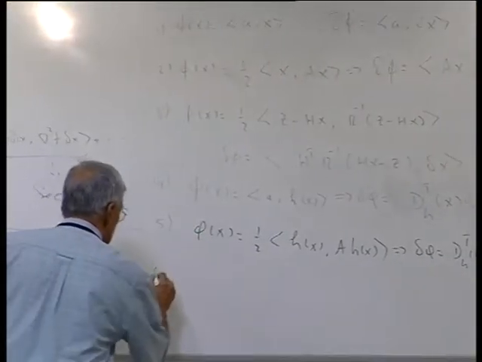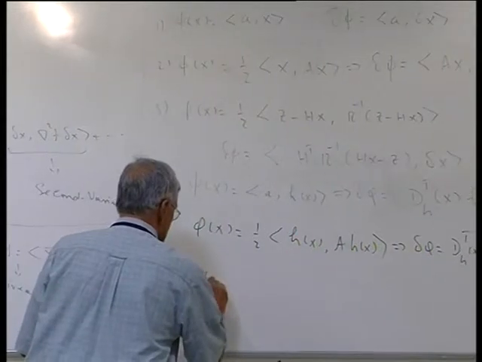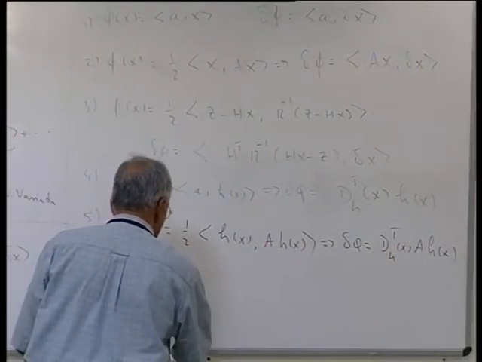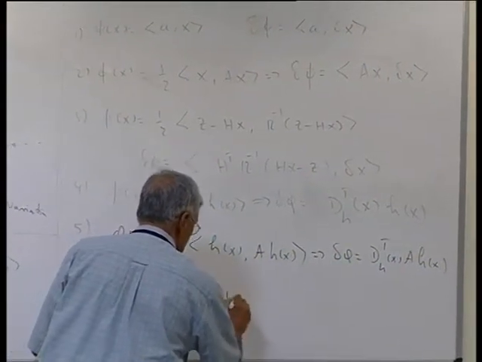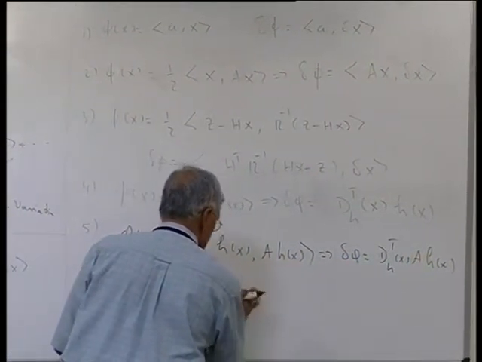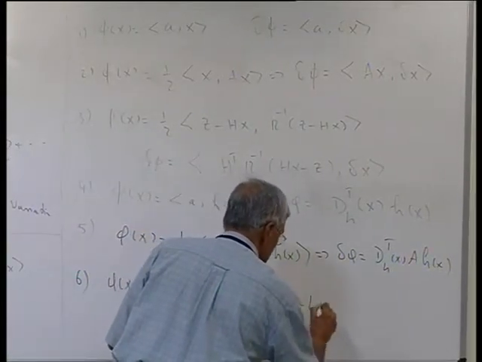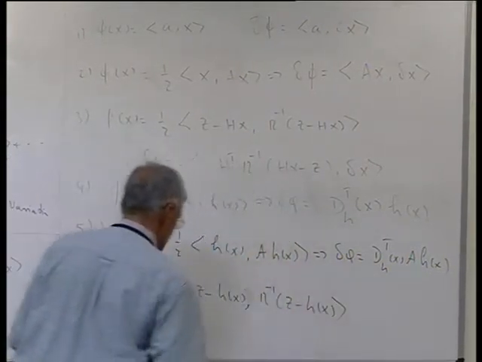One more: phi of x is equal to 1/2 of z minus h of x, R inverse times z minus h of x.